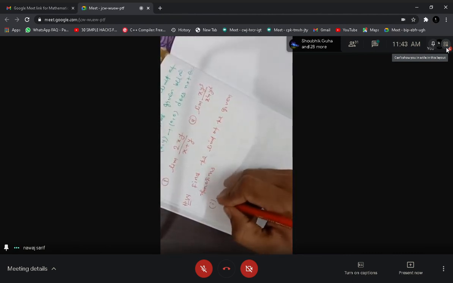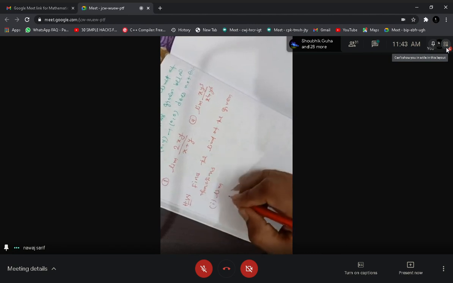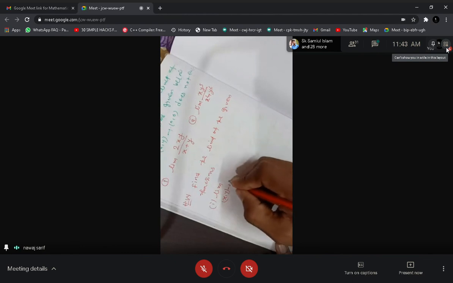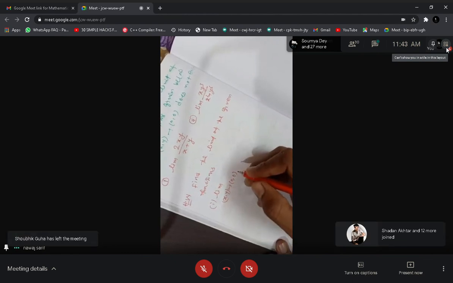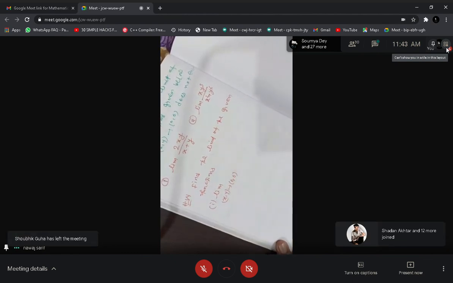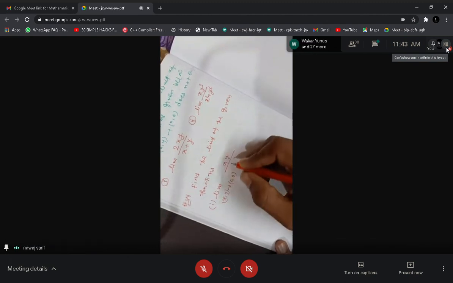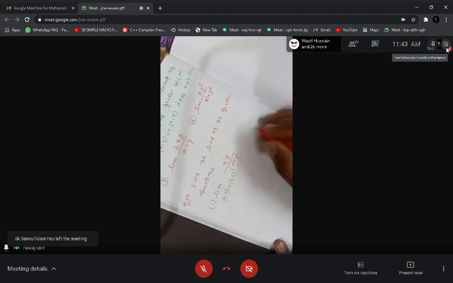Number 1, limit as (x,y) tends to (0,0) of xy divided by square root of x square plus y square.